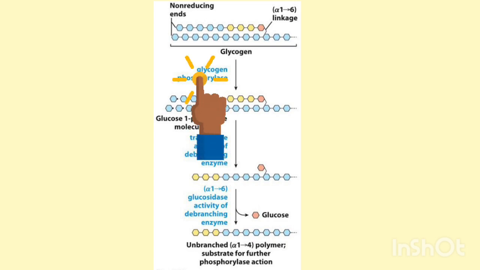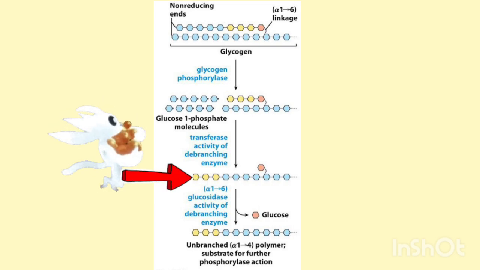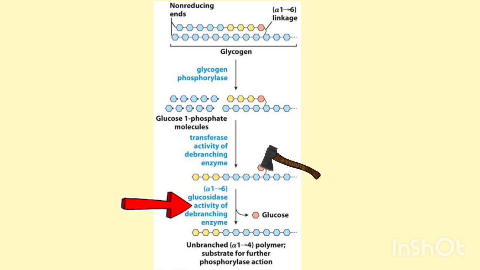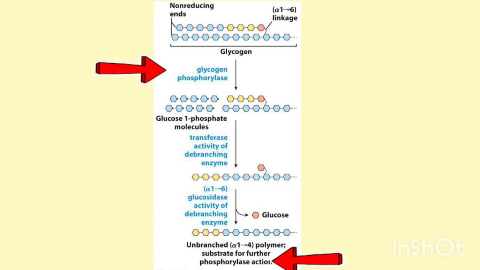You keep working until you reach about 4 glucose molecules to the branch point, then you carry the three of them to the other side. The other activity is the glucosidase activity, the alpha 1,6 glucosidase activity, which breaks the alpha 1,6 glycosidic bond to release glucose. Then glycogen phosphorylase continues as it normally does.